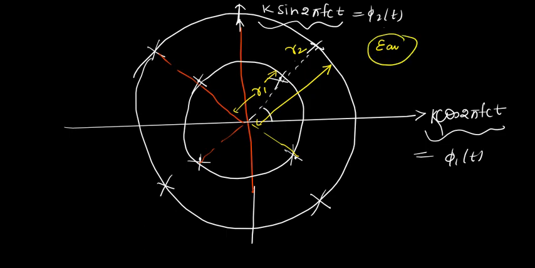Given this is pi by 4, this is 2 pi by 4, 3 pi by 4 and 4 pi by 4. What will you do? Energy is the distance of all points from the origin, squared.